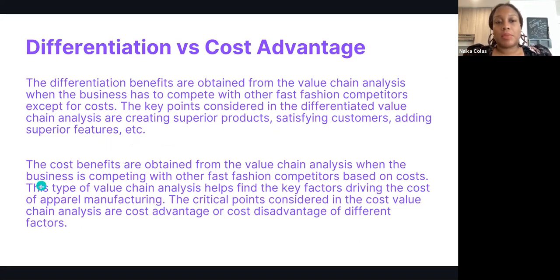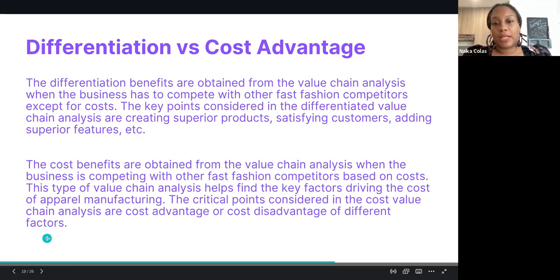or interchanging that. And then the cost advantage is you're lowering your prices, or you're changing your prices depending on the quality of your pieces. The cost benefits are obtained from the value chain analysis when the business is competing with other fast fashion competitors based on cost.